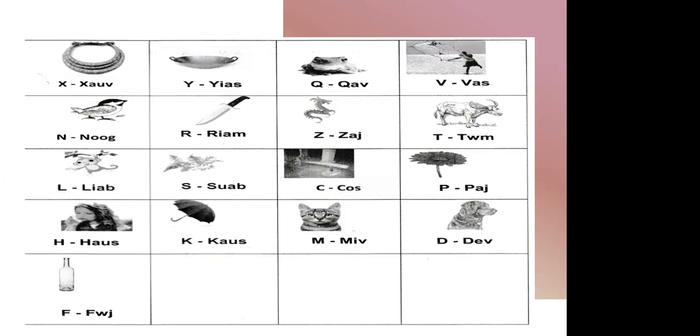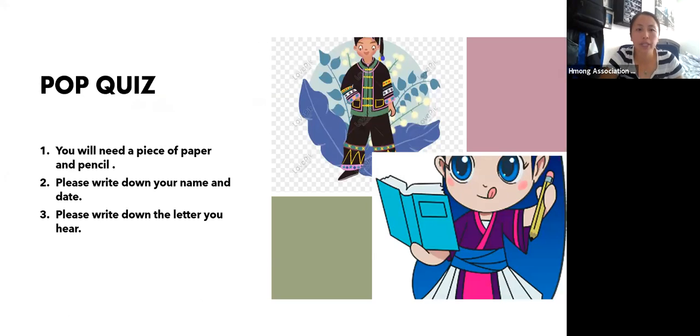Please write down your name and date on the right corner of your piece of paper, because I'm going to ask you to take a picture of that and send it to me. I'm going to say each letter carefully, so please listen to the letter sound and write the letter down on your piece of paper. Try your best not to look at what you wrote down during the review. That way you could test to see if you memorized well.